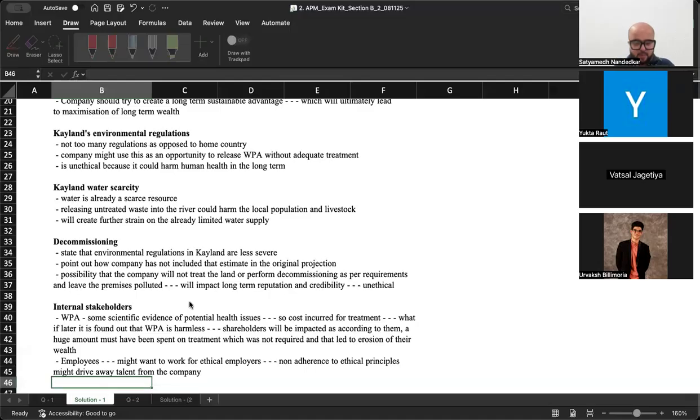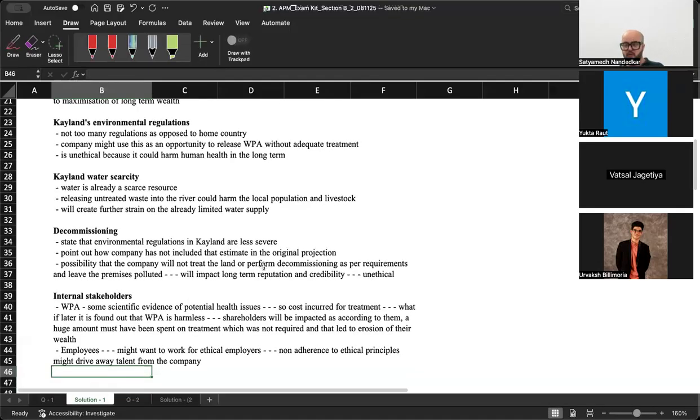If you know कि यार ये company का पूरा situation is completely messed up, and they are not following ethical principles, you as an employee, as an individual, want to be associated with ethical companies, naturally you will be like यार इसके साथ I don't want to work because my name gets damaged or tarnished in the process. Let me at least work with a company which might pay a little less, but my reputation, my credibility should not get hampered. And that is something which all of us think and should think.